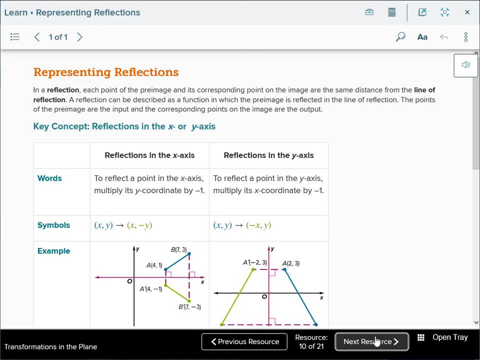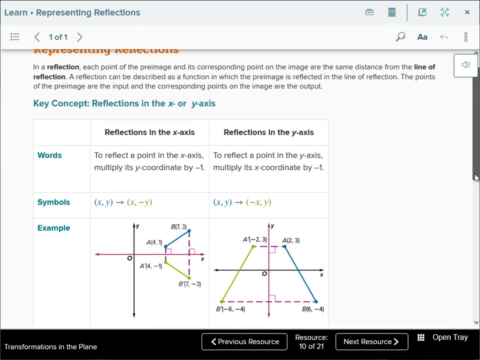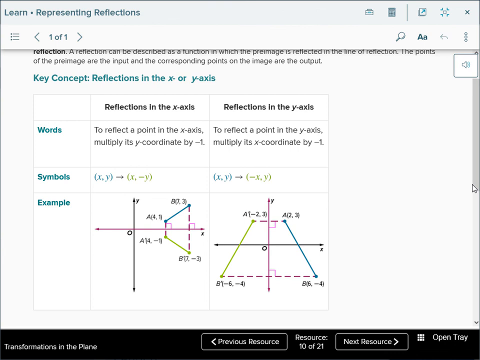So an example here. If I take this point here and it's 4,1, and I want to figure out where A prime is going to be, I just multiply that y coordinate by -1.